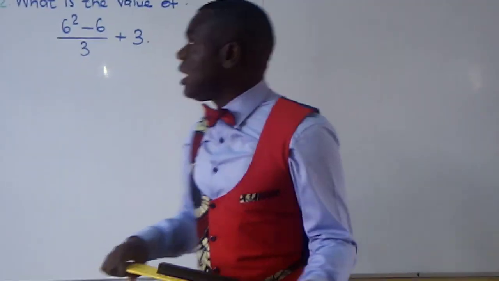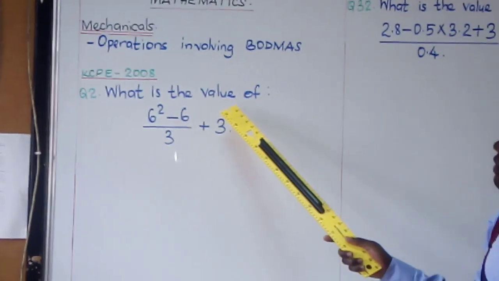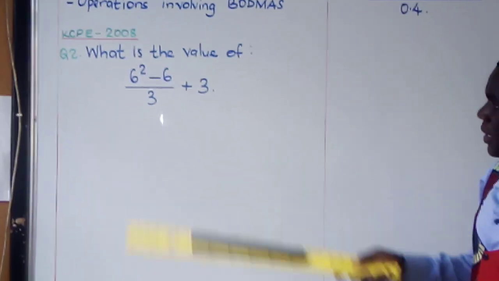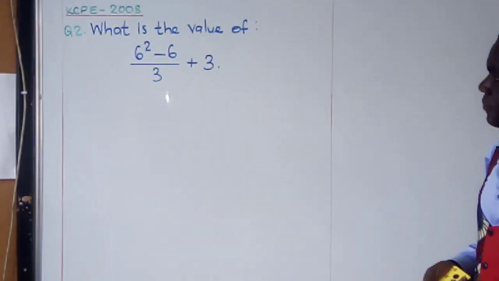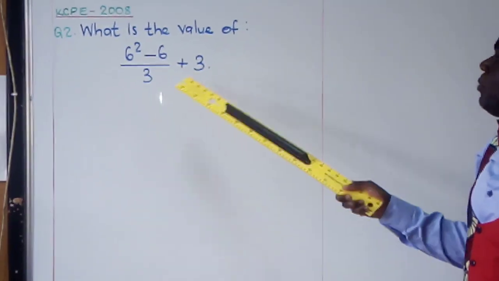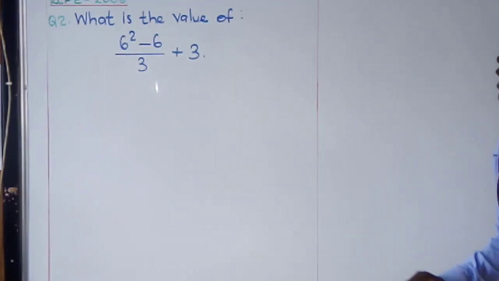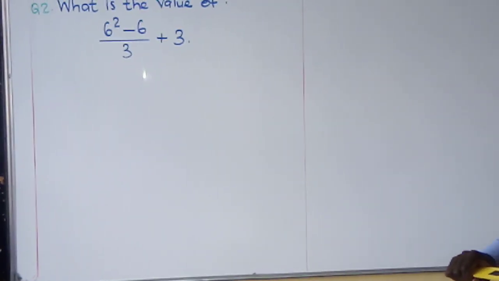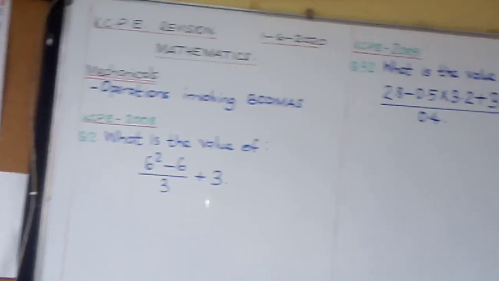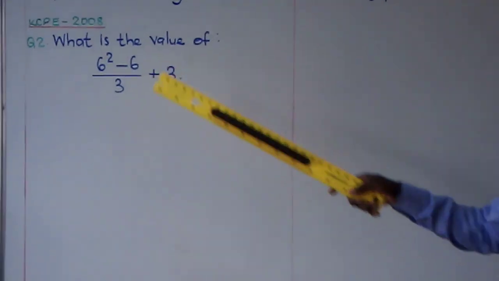Now, today I have this question here. What is the value of 6 squared minus 6 all over 3 plus 3? In this question, I want you to look at where the over starts and where it reaches. 3 is not covered in the over.